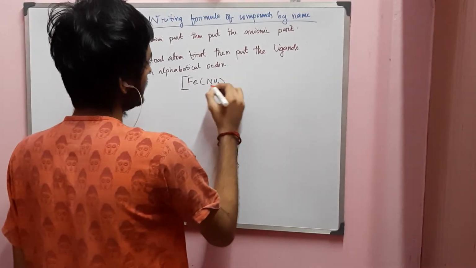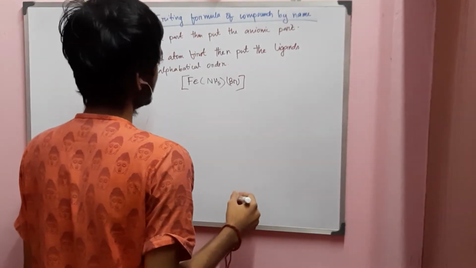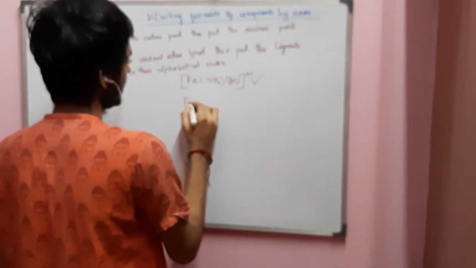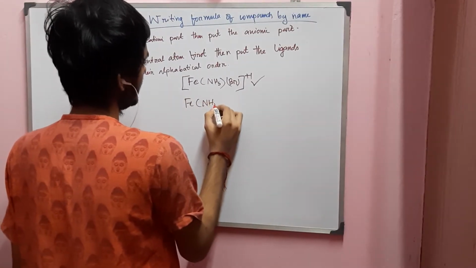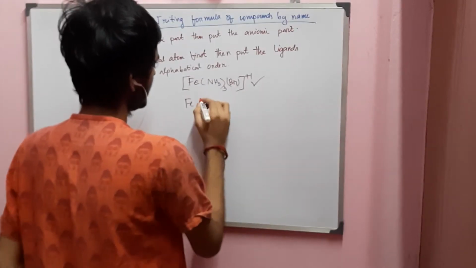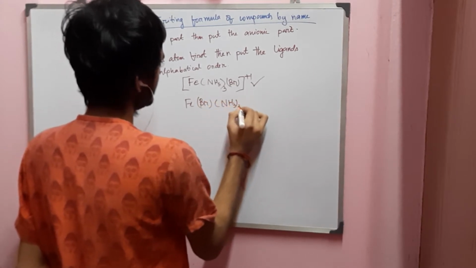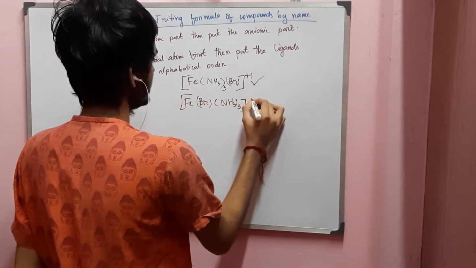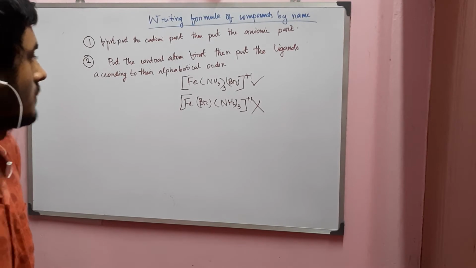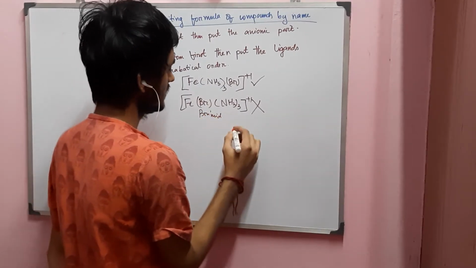So Fe(NH3), then bromido. Okay, this is correct, but Fe Br (NH3)3 will be incorrect, because this is bromido and this is ammine.